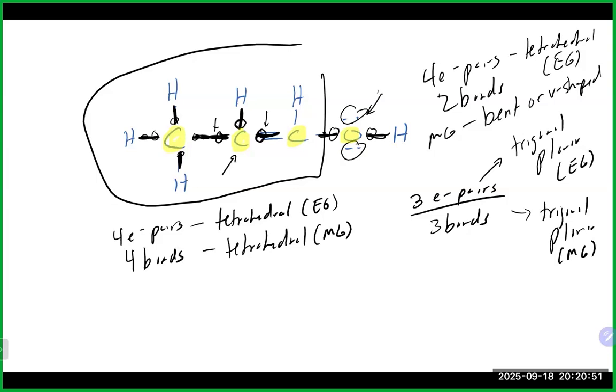If we look at this, if we want to do the geometry of this guy, we would do 1 electron pair, 2 electron pairs, 3 electron pairs, 4 electron pairs, 1, 2, 3, 4 bonds. That's going to give us our tetrahedral geometry. We would then roll it over this way, and we would have 2 non-bonding electrons coming out here, and we would have 1, 2, 3, and 4 electron pairs. That would be tetrahedral for electron geometry, but only 1 and 2 bonds. And as you can see, the bent or V-shaped happens there.